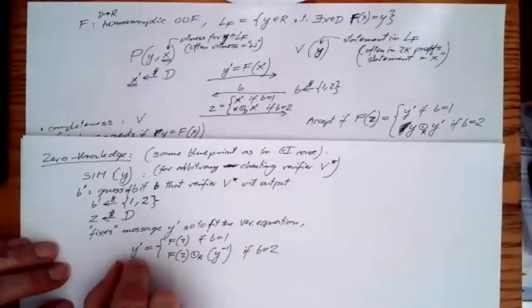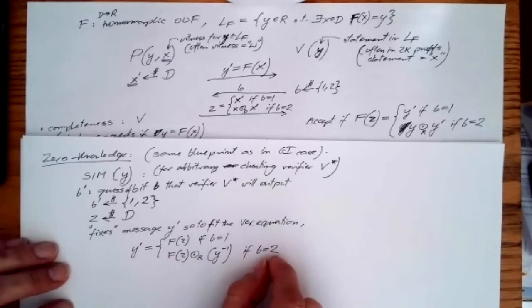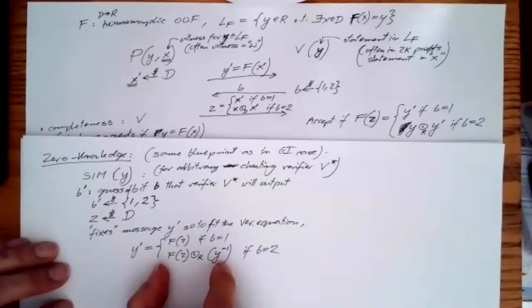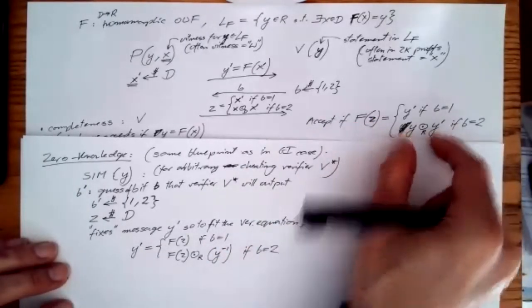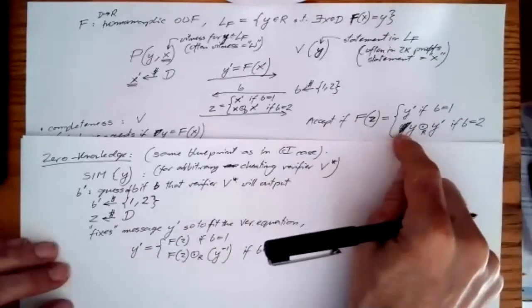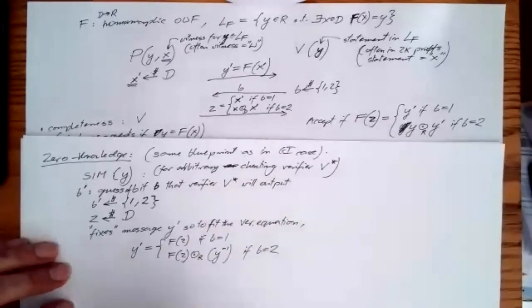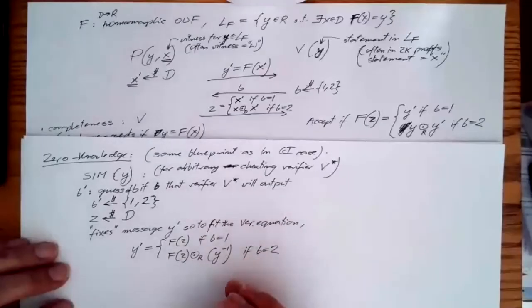Because if that's how I form my Y prime, then it's going to fit this case. I will send that to the verifier, and if he asks for B equal 2, I will surrender the Z, and he can check that F of Z is indeed this, because Y prime is this, so Y inverse and Y are going to cancel. Yeah, homomorphic functions.